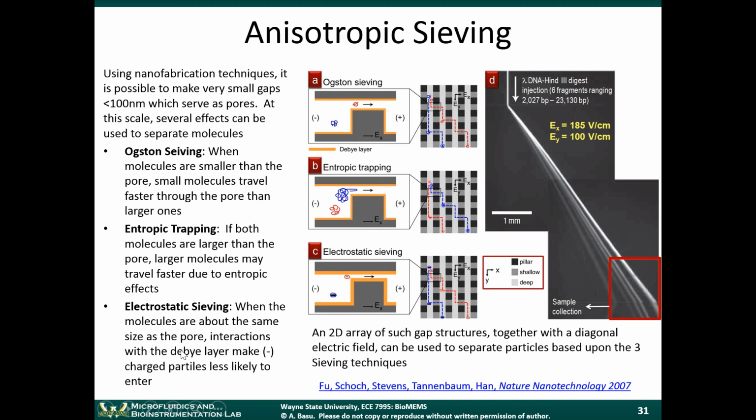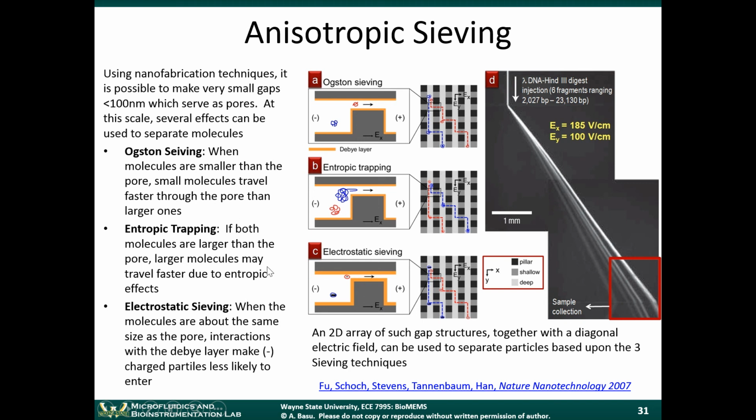The fact that the wall has a negative charge is going to prevent negatively charged particles from entering, just due to Coulombic repulsion. You imagine that there's a bunch of negative charges along the orange wall that you see here. Negatively charged particles are not going to want to go through there because they're going to be repelled, like charges repel. So that's electrostatic sieving.